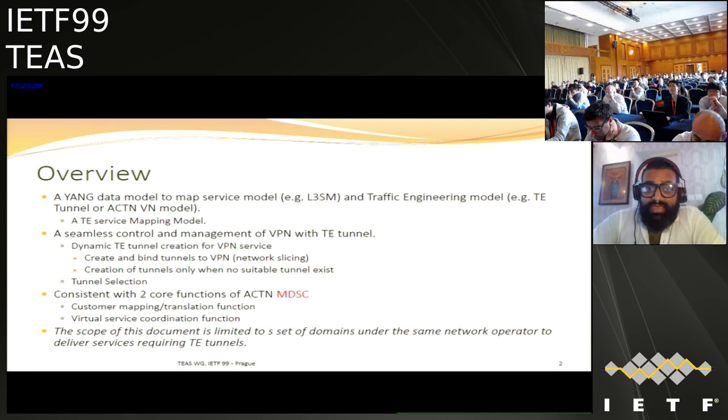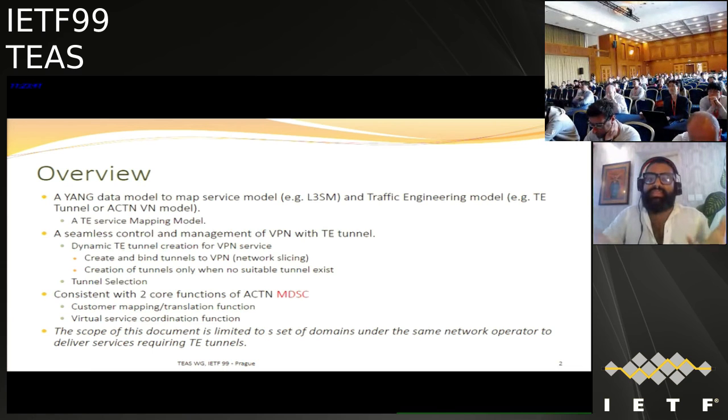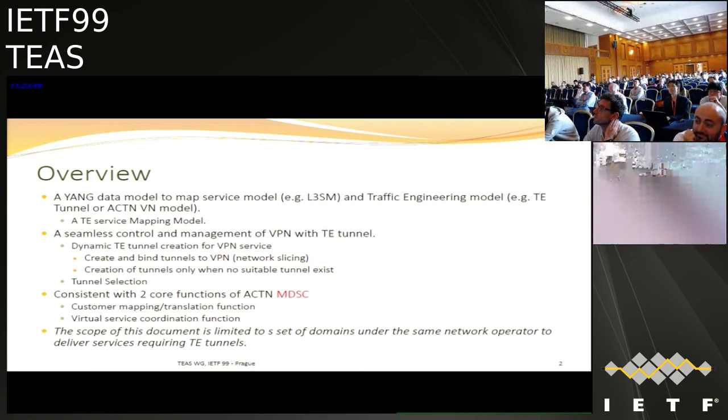So this kind of requirement can be easily set via this mapping model, and the VN and the L3SM model, which are two separate YANG models and can exist separately. This is the YANG model that brings them together and says this L3SM service uses this set of VNs and these set of TE tunnels.